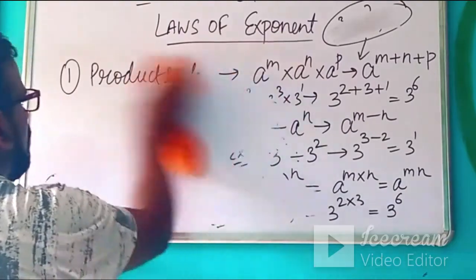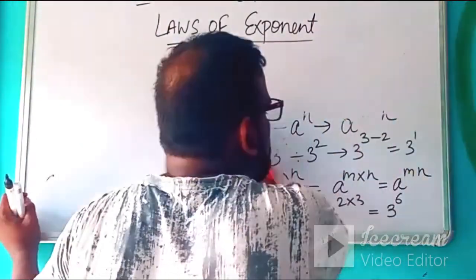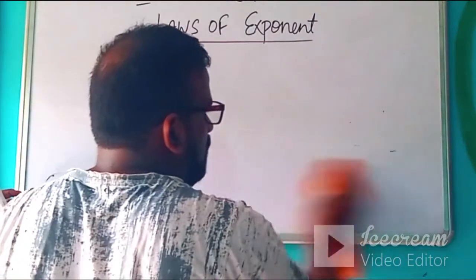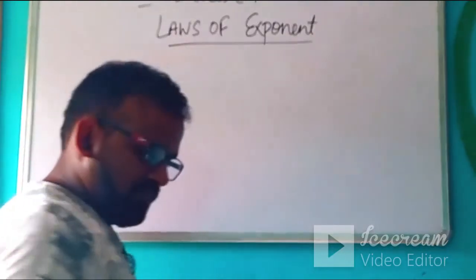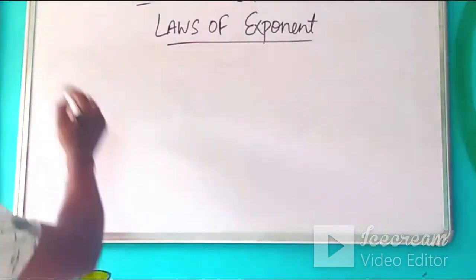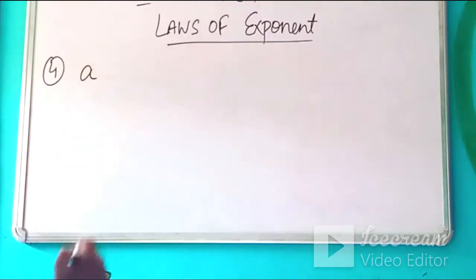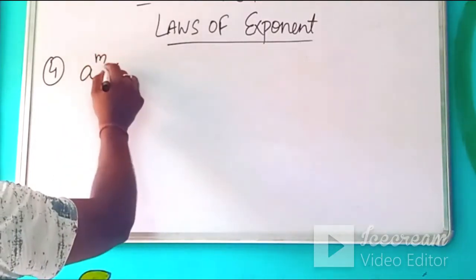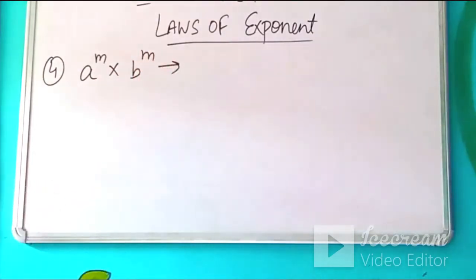Okay, so we have studied the law when the bases are same. Now let's see one more law: when the bases are not same but the powers are same, like this.